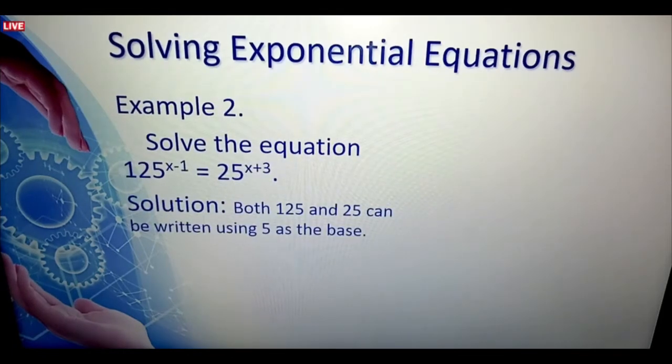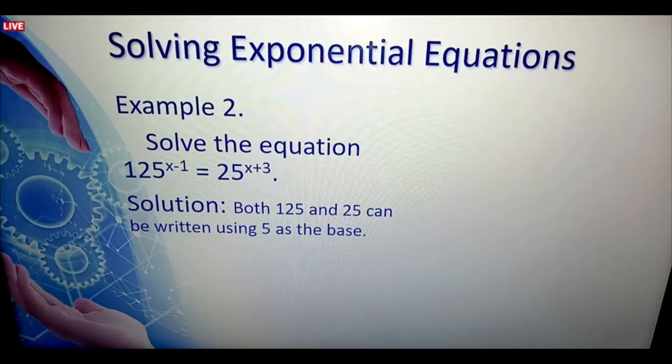Again, using the step-by-step solution, the bases on both sides, 125 and 25, can be written using base 5. Because 125 is the result of 5 raised to 3, or 5 cubed, and 25 is the same as 5 squared.